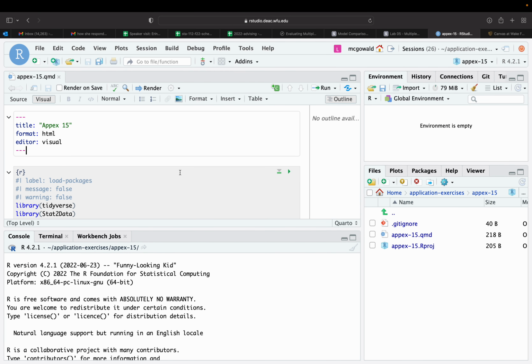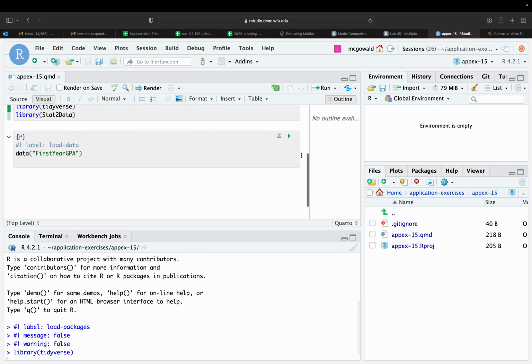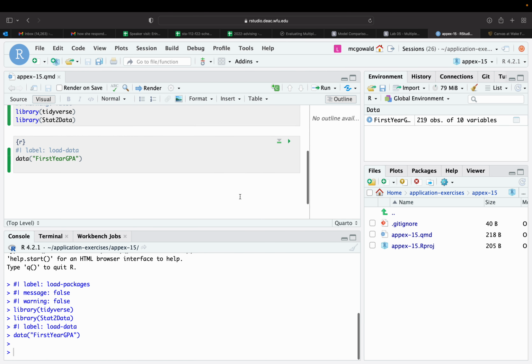All right, so I am going to go ahead and load our data. We're using this first year GPA data. If I wanted to fit that first model as specified, what would I do?